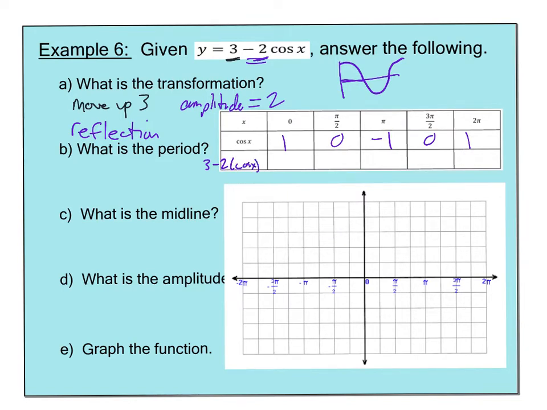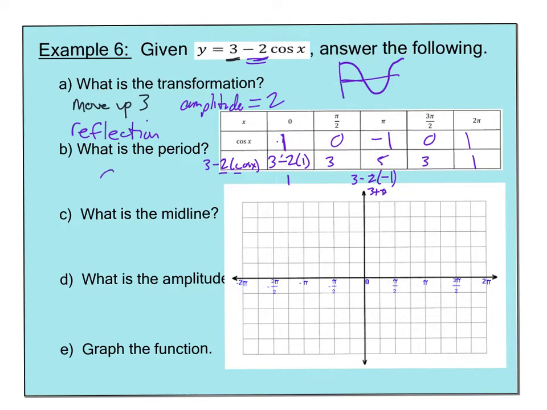Well, 3 minus 2 times the number that's here. So 3 minus 2 times 1 is going to be 1. All right. 3 minus 2 times 0 is going to be 3. 3 minus 2 times -1 is going to be 3 plus 2, so that's going to be 5. 3, 1.